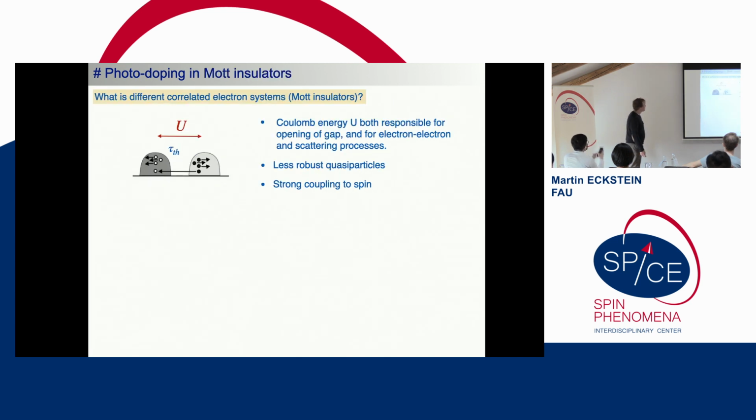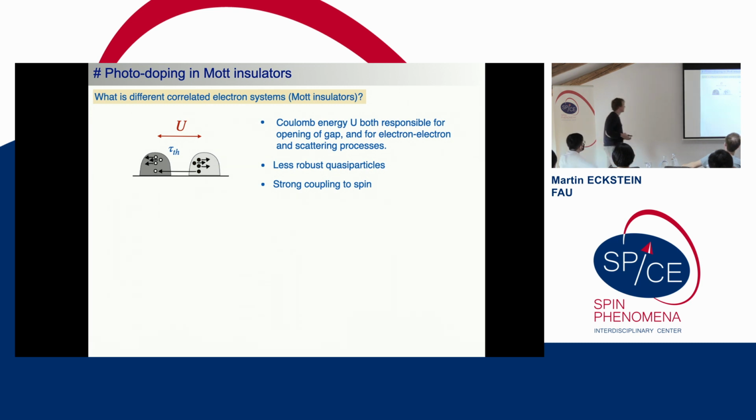Now, what we were mostly interested in here is what is different if I do the same thing for a correlated system. Because in a correlated system, the gap itself is opened by the Coulomb interaction, and the same Coulomb interaction is relevant for these scattering processes. So you can ask, is the bottleneck still active? Also, in such a correlated system, the quasi-particles are not really robust, well-defined quasi-particles for which you can easily write down a kinetic equation.